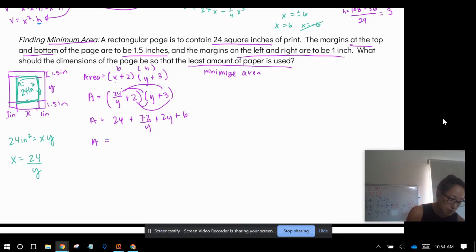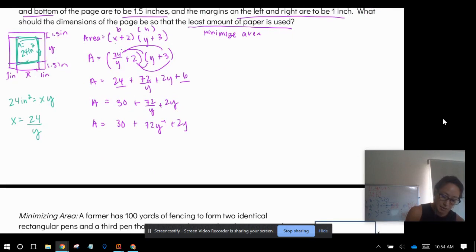Simplify. Area is equal to 30, combining 6 and 24, plus 72 over y plus 2y. And then, I'm all about the power rule if I can use it. So I'm going to do 72y to the negative 1 plus 2y. And I am just going to remind myself that the domain is that x has to be greater than or equal to 0, and same with y.